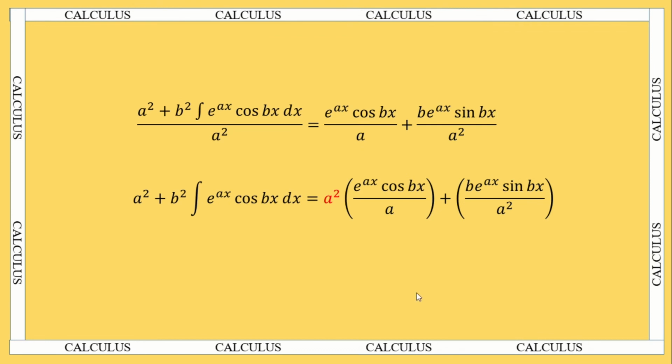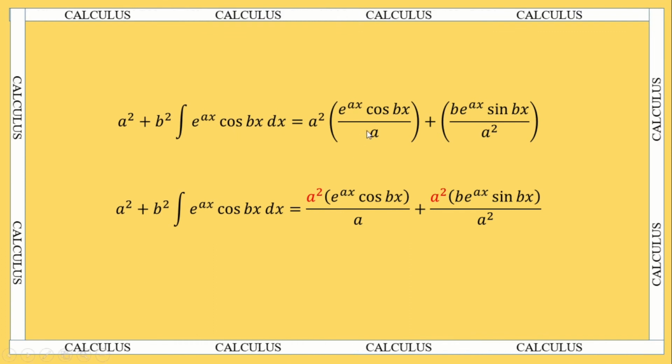Next step, I just bring a power of 2 to the right. It's divide, so it will be multiply. Next step, we just multiply one by one. a power of 2 multiplied by this, and a power of 2 multiplied by this.